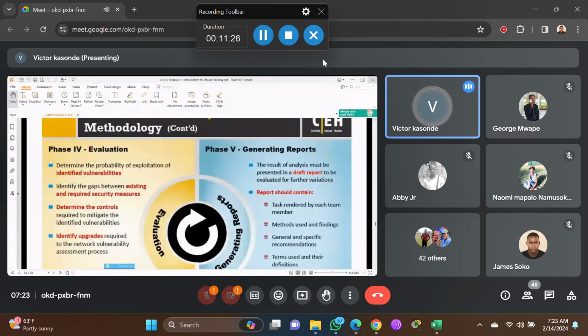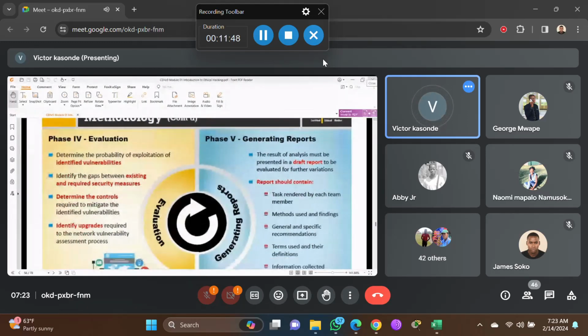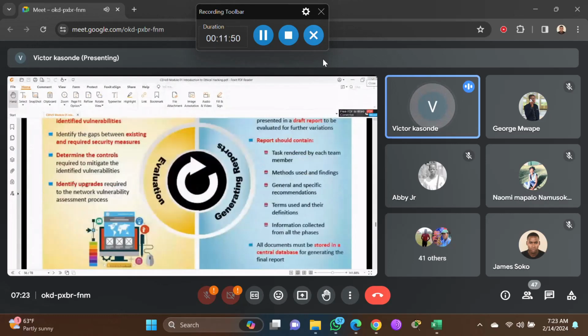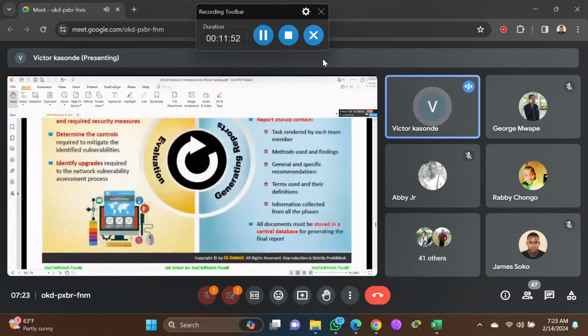When you see the gap, what measures are required for you to work on that? The other one is to determine the controls required to mitigate the identified vulnerability. Then identify upgrades required to the network vulnerability assessment process, and ensure that you upgrade.